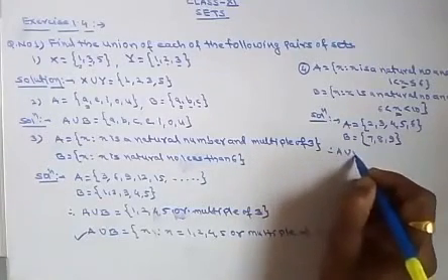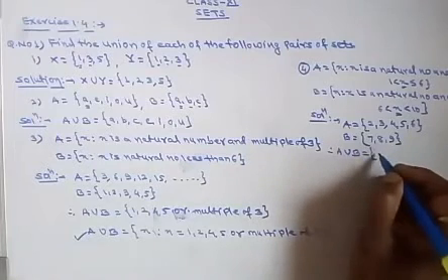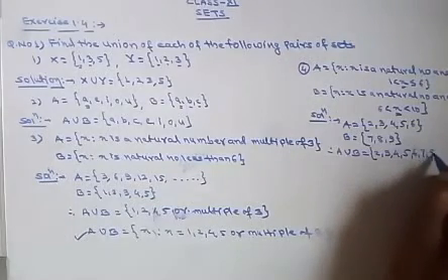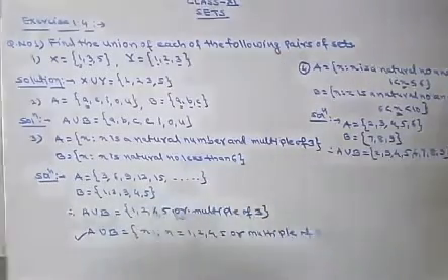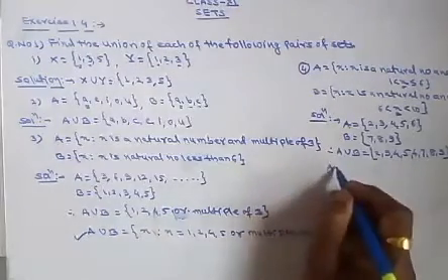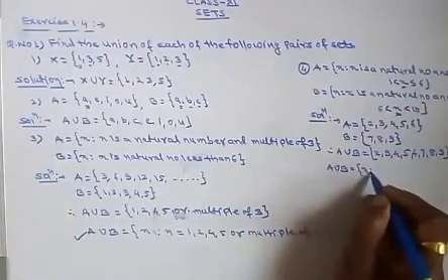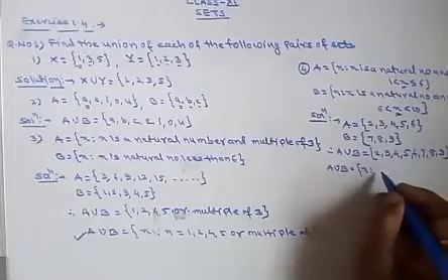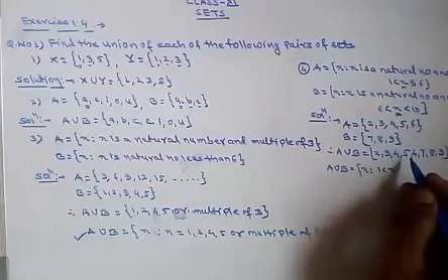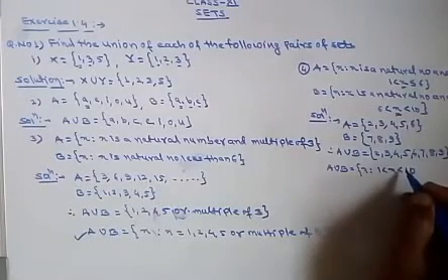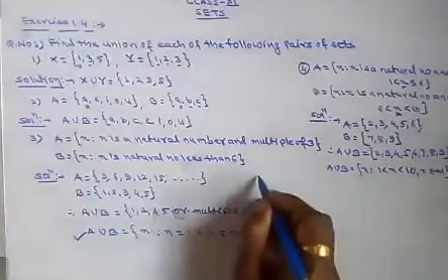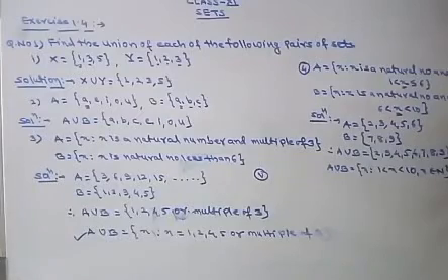Therefore A union B equals 2, 3, 4, 5, 6, 7, 8, 9. Or you can write A union B is a set of x elements such that x is greater than 1 and less than 10, where x belongs to natural numbers.